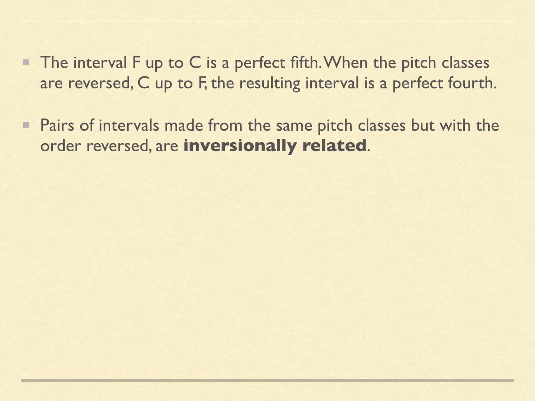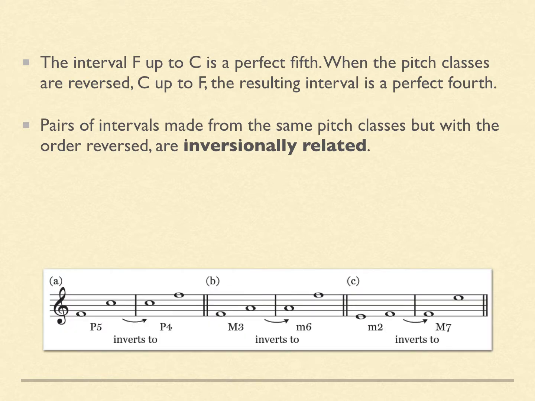This phenomenon, I guess, albeit a mundane one, is what we call inversional relation. So pairs of intervals made from the same pitch classes but reversed in order have this inversional relationship. And we'll see a nice pattern here.